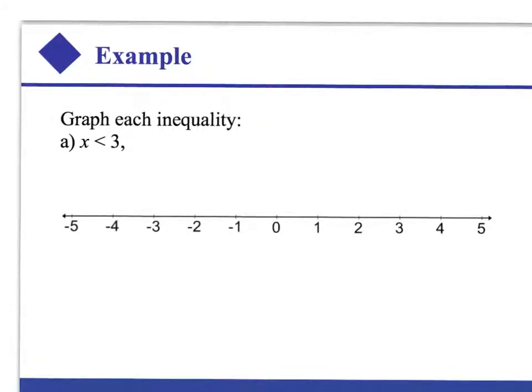So if we're going to graph the first solution, x is less than 3, I'm going to go over to finding 3. Okay, I found 3. Now, the way it's done in your book and in a couple of different books, it just depends. Because there's no equal to bar, you're simply going to create a parenthesis like this. And you notice the x is on the left-hand side.